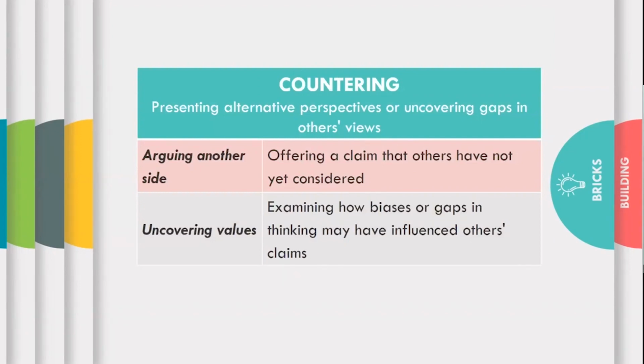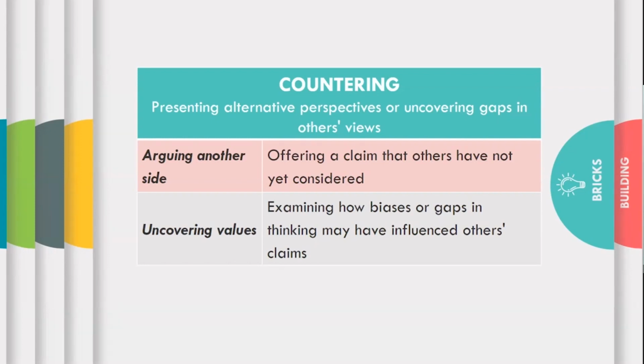We can do countering in two ways. We argue another side, and we uncover values, or we mention gaps. One, as I said, is arguing something that you presented. Whenever we see the word differ or the word argue, it's pretty obvious to understand.